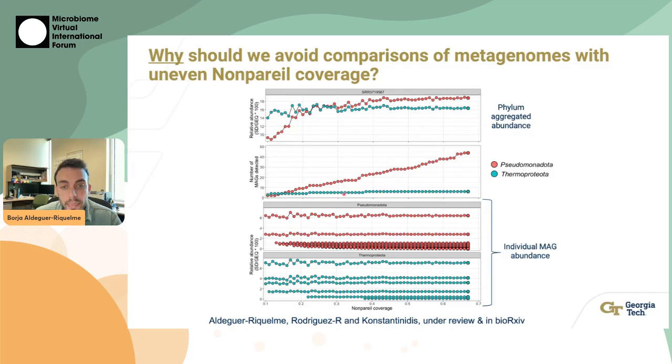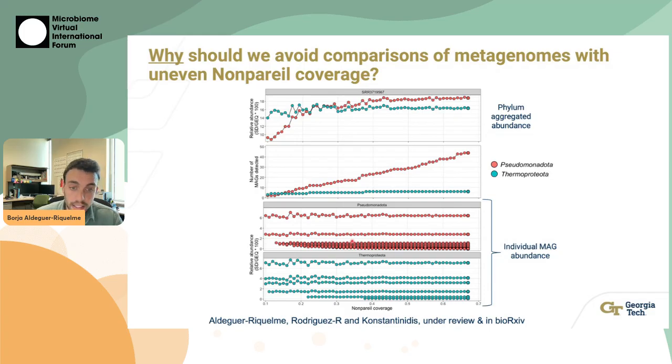Something that does not happen with the Thermoproteota, which has more or less the same number of MAGs. So basically, the differences in the relative abundance that we observe as Nonpareil coverage increases are due to the different sensitivity of the metagenome. As we sequence more, as we increase Nonpareil coverage, we are able to detect more MAGs belonging to the Pseudomonadota as opposed to the Thermoproteota.